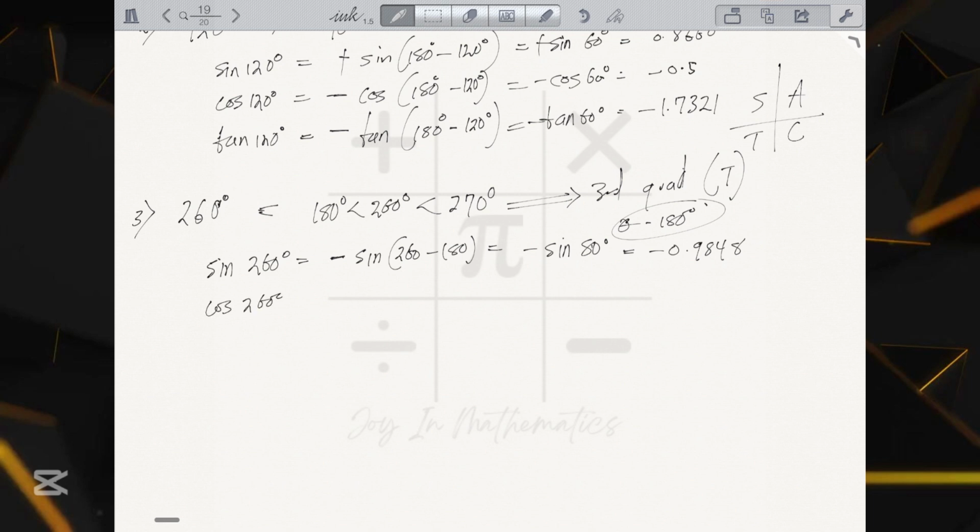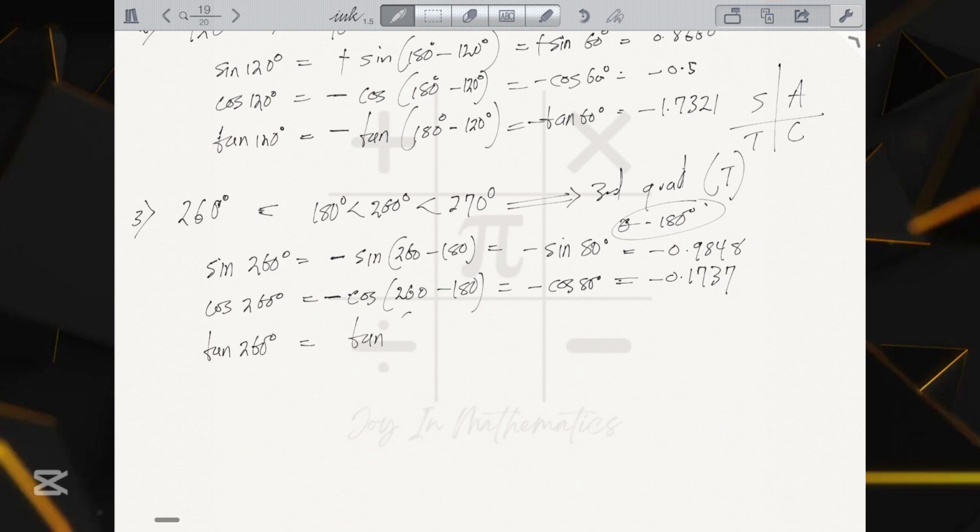Cos 260 degrees now. Cos 260 degrees will give us cos of 260 degrees minus 180. Cosine in the third quadrant is negative, and this will give us minus cos 80 degrees. Using our calculator to evaluate this, we'll have minus 0.1737. Let's proceed to tan 260 degrees.